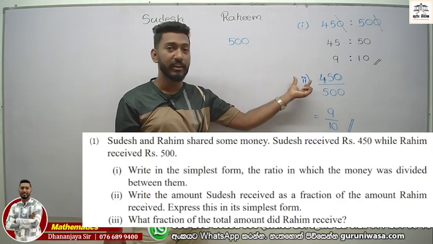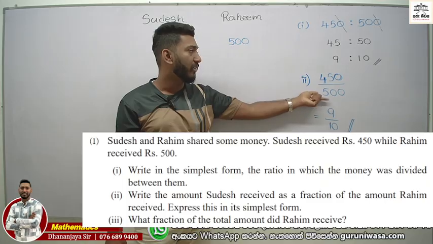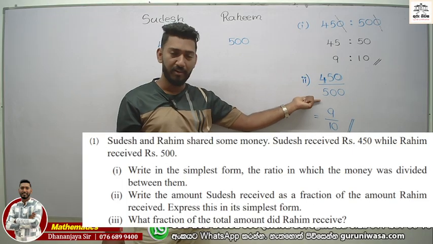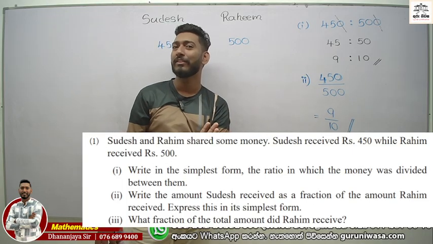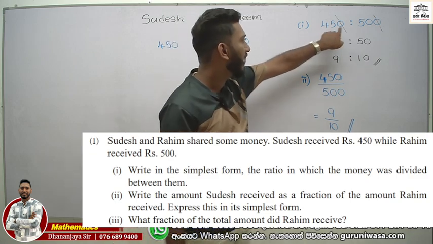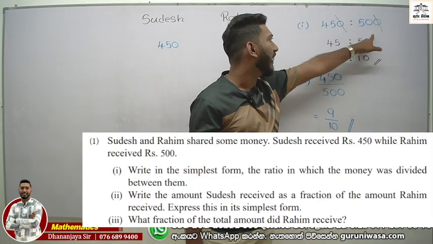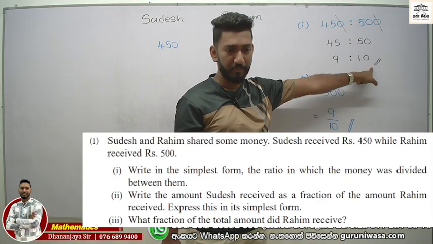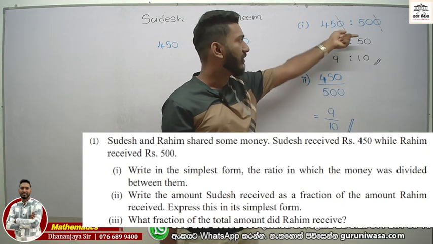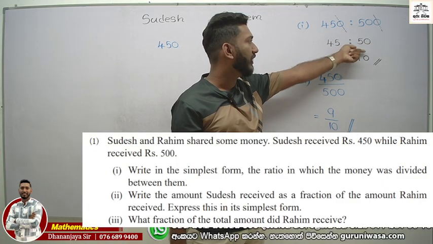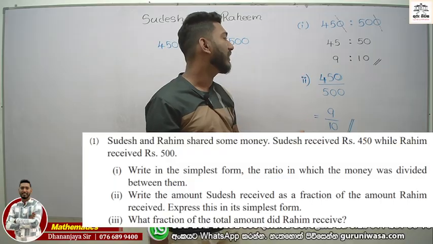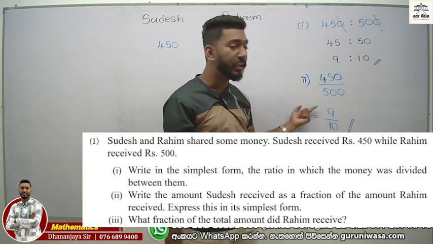Now you can write as a fraction 450 out of 500. Now you have to write it in simple form. 450 divided by 10 is 45, and 500 divided by 10 is 50. Now 45 and 50 you can divide by 5. Again, you can simplify to 9 over 10.